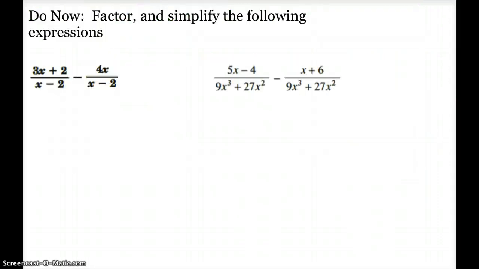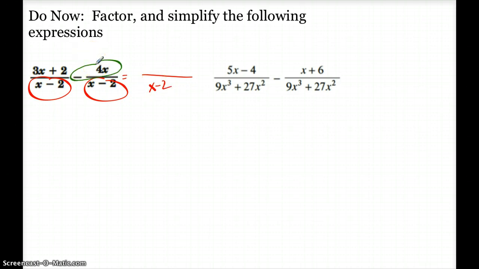Okay, first thing, the do now, just a review from last class. When you add things with like denominators, they stay exactly the same. Our denominator should be x minus 2. On the top, only the second item changes, negative 4x, and the first item stays the same, 3x plus 2.